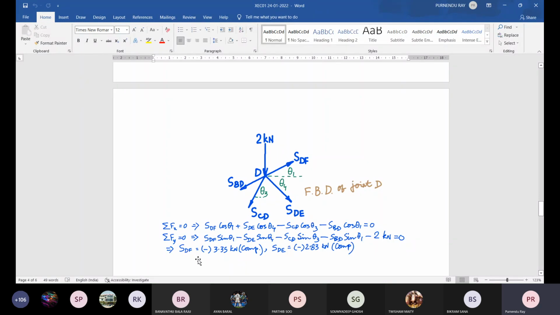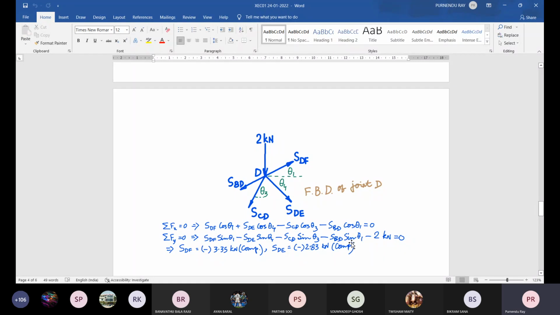Next, sigma Fy equals 0: minus 2 kilonewton, positive for S_DF sine theta 1. Other three forces contribute in the negative y direction. So minus S_DE sine theta 4, minus S_CD sine theta 3 and minus S_BD sine theta 1, that is equal to 0.